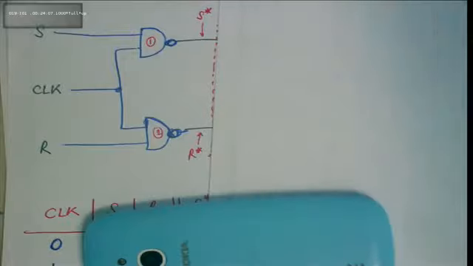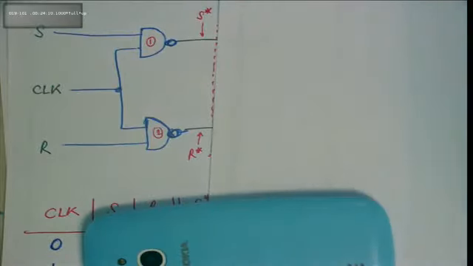R has no influence on S star, and S has no influence on R star. With clock 0, S star and R star will always be fixed to 1, no issues about it. Now the moment the clock is a 1, S NAND 1, or 1 NAND S, gives you what?